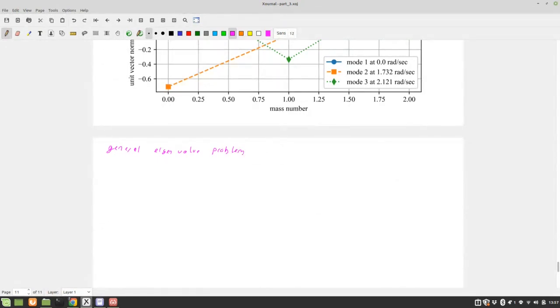Right, and so the general eigenvalue problem is K times the eigenvector, actually that might be a matrix, I'm going to leave it as a matrix for now. K times the vector is equal to the vector times lambda M, right?